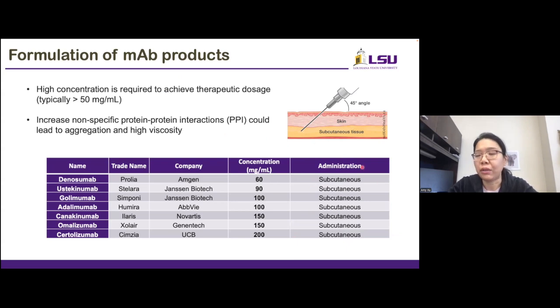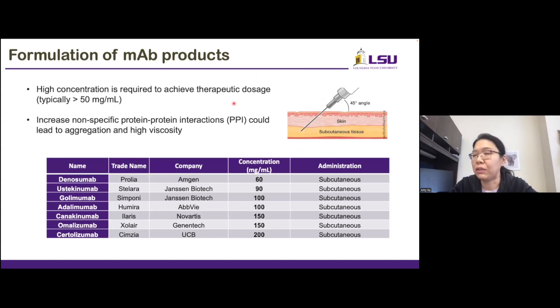Imagine you're holding a pen, and it holds a very small volume, typically below 2 milliliters. So the antibodies need to be prepared at high concentrations, typically above 50 milligrams per mL, to achieve a particular therapeutic dosage.